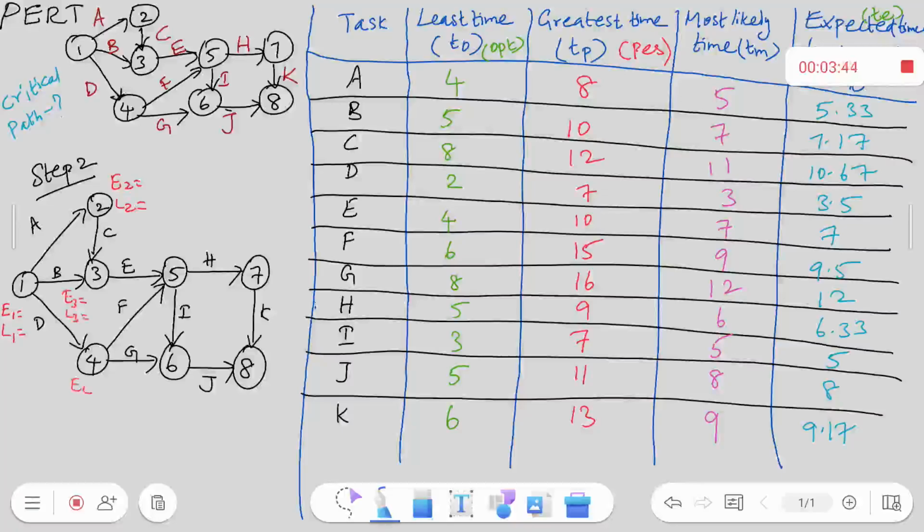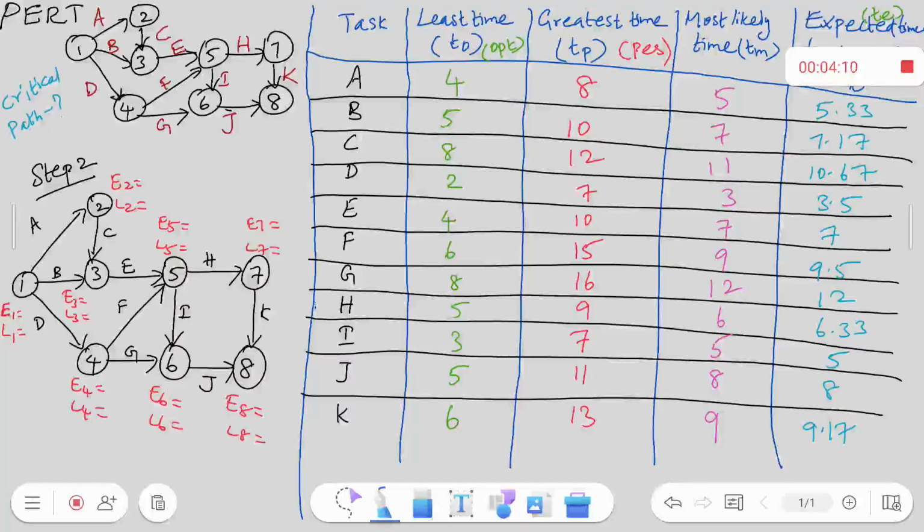For 4 it is E4, L4. For 5 it is E5, L5. For 6 it is E6, L6. For 7 it is E7, L7. For 8 it is E8, L8. So I need to find the earliest start time and latest finish time at all the nodes. So first let us go with the earliest start time.